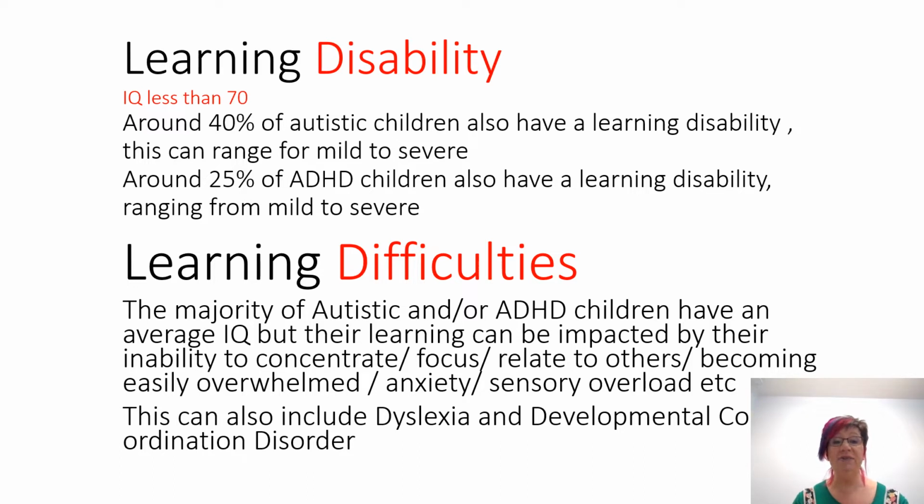It could also include conditions such as dyslexia, dyscalculia, or developmental coordination differences. So the majority of children with a neurodevelopmental condition do not have a learning disability. They have a learning difficulty.